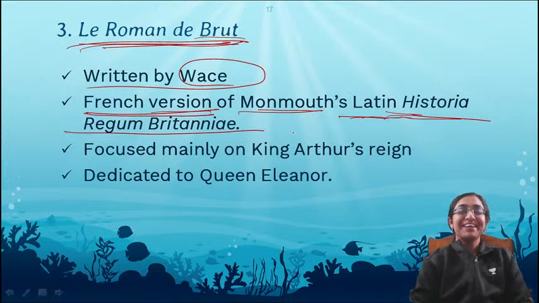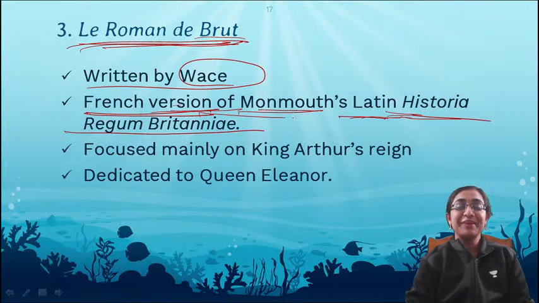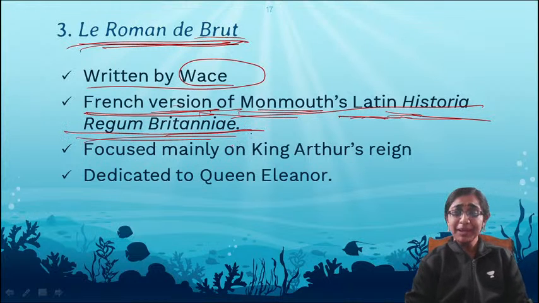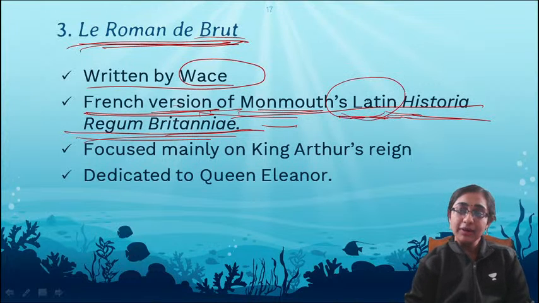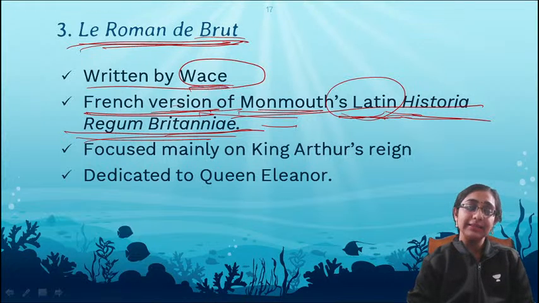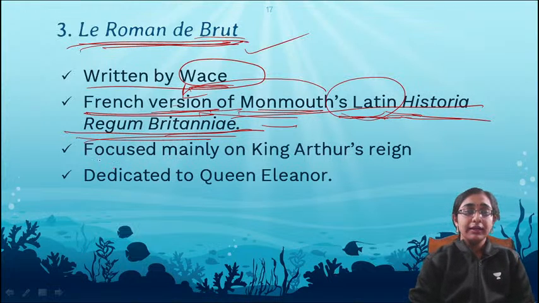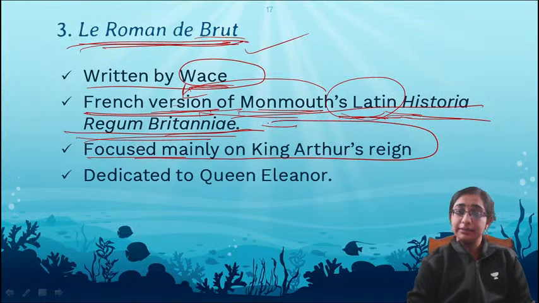Okay. Now, this is about the French version of Monmouth's Latin Historia Regum Britanniae, the history of the kings of Britain. So this is the Latin work, and Oasis has actually written a French version of the same work. It focused mainly on King Arthur's reign.